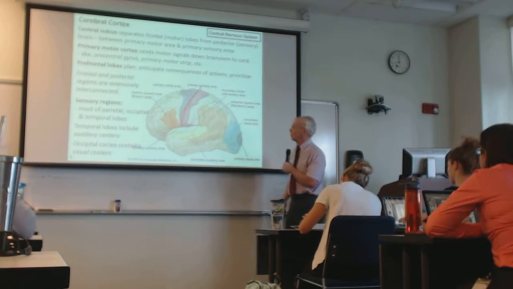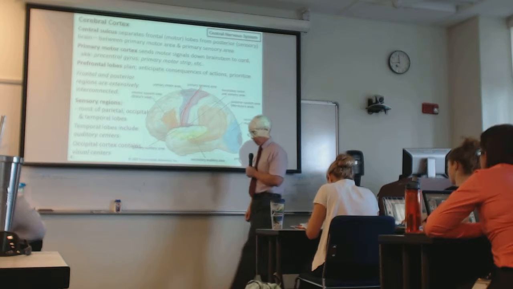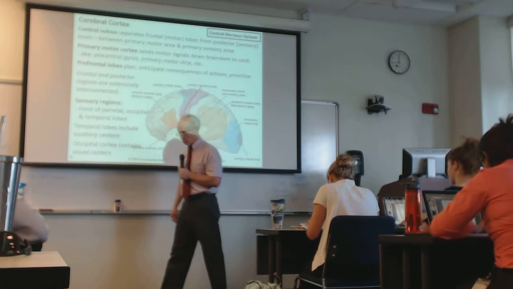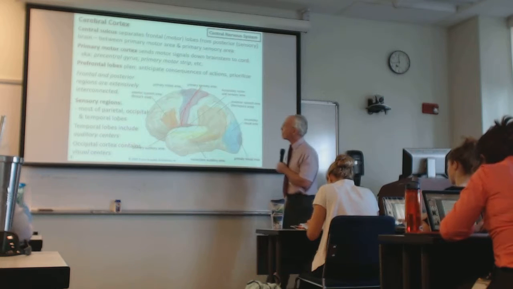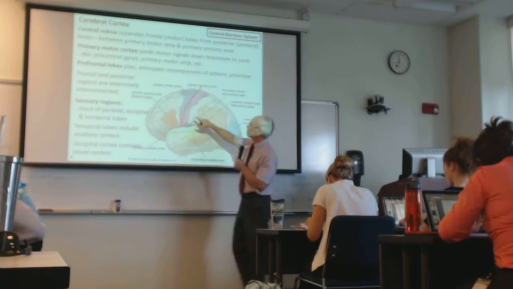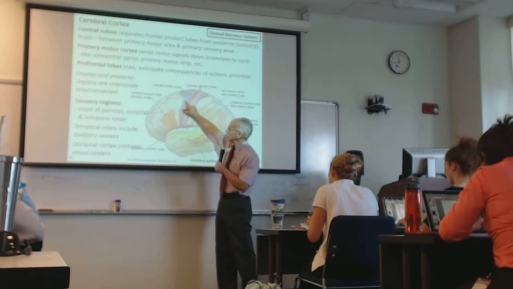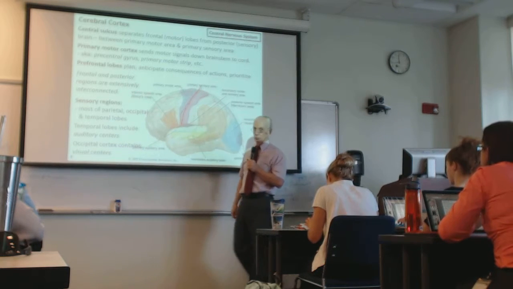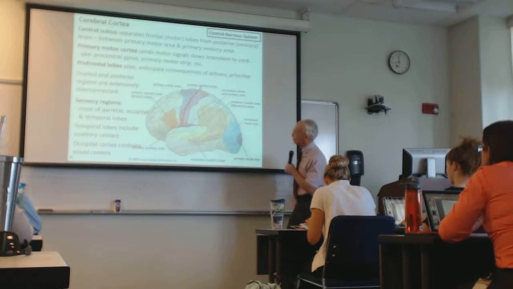Remember, the primary motor cortex is the origin of the corticospinal tracts. And these are the actual motor pathways. We'll talk more about this in just a moment, but the corticospinal tracts form the final common pathway responsible for contraction of skeletal muscles.